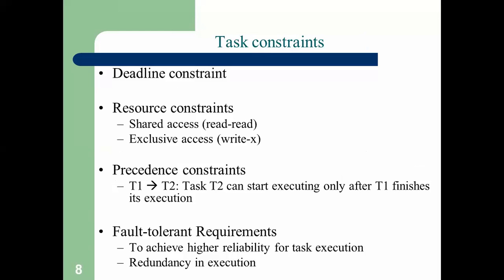So the task constraints, here you can see deadline constraints and the resource constraints. Resource constraints cover shared access. Read access is given here. We can share the several tasks, exclusive access, write access.